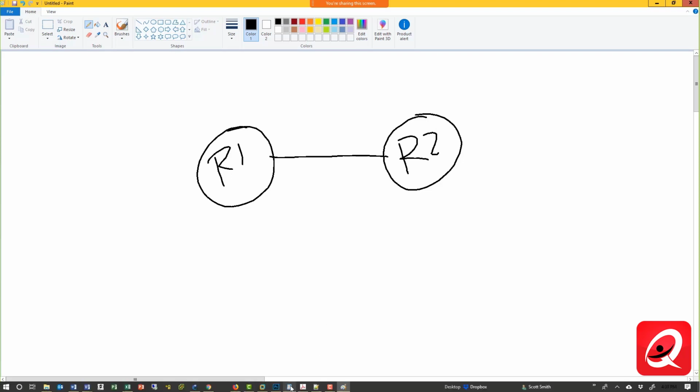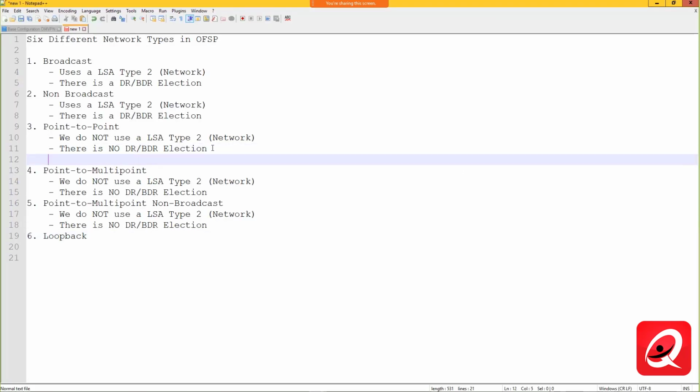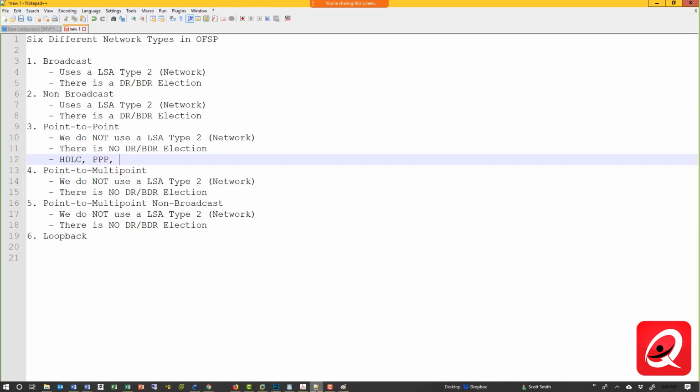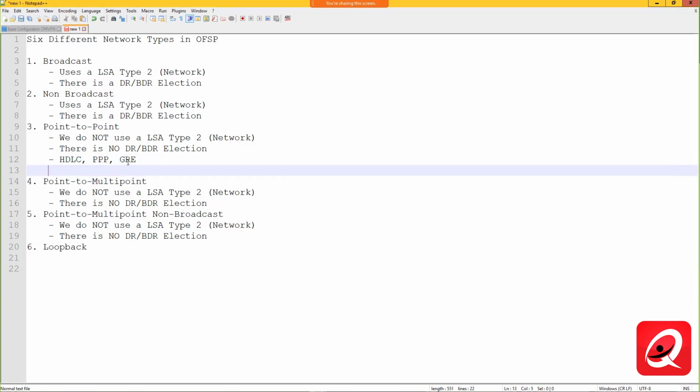In fact, with point-to-point, we're dealing with protocols like HDLC, PPP, any kind of protocol that's essentially going to be considered a point-to-point type protocol. It could even be a GRE tunnel, whatever it might be. So with this point-to-point circuit, I'll put GRE here as well.